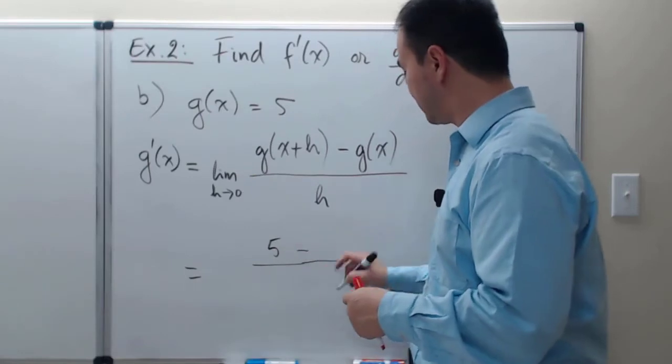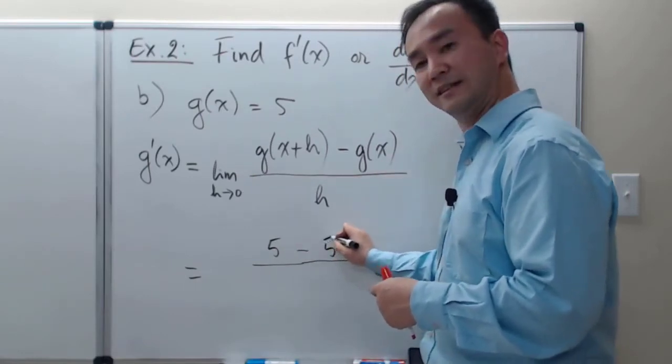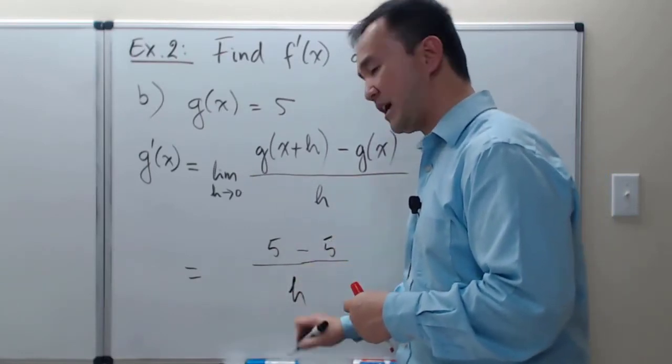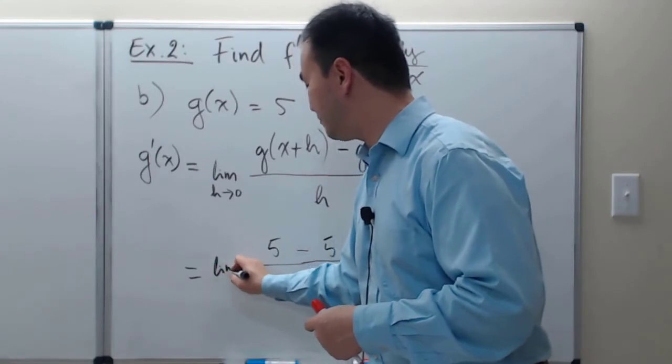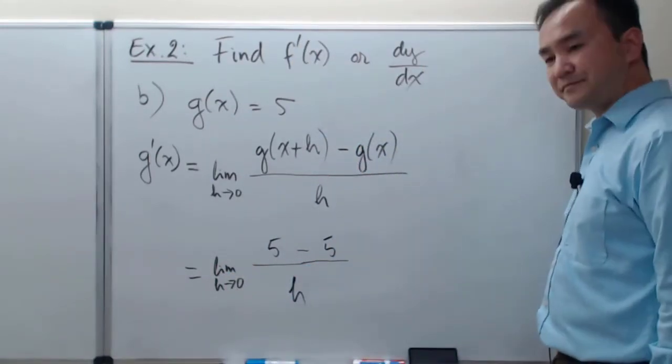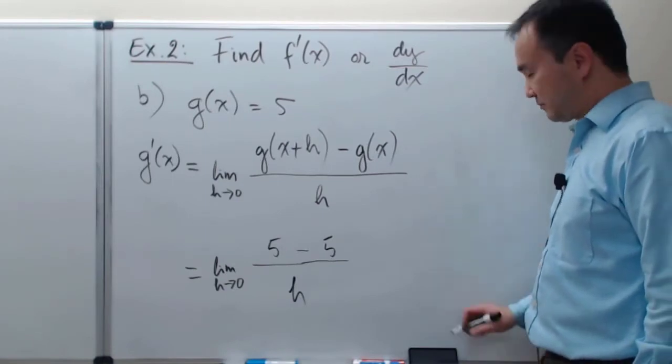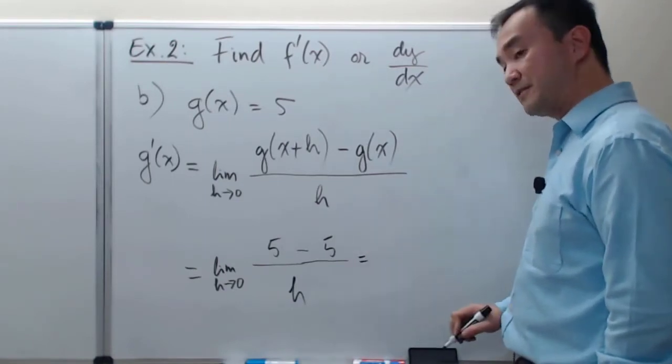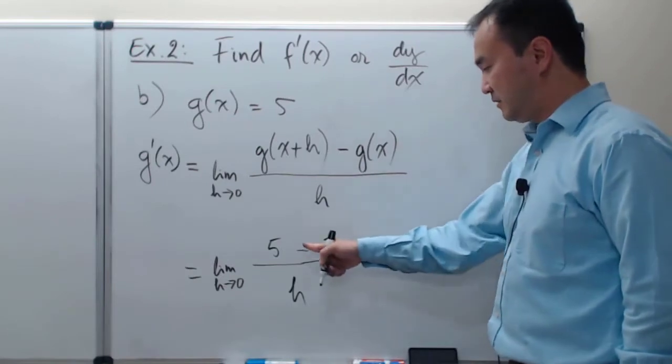And now minus 5, and divide by h, and here we of course have to take the limit as h goes to 0. Let's continue a little further and see how things turn out.